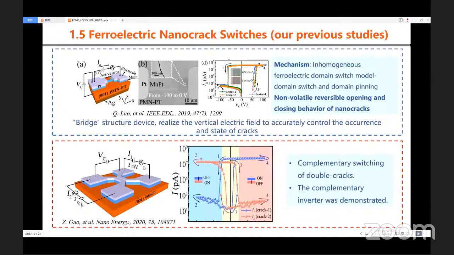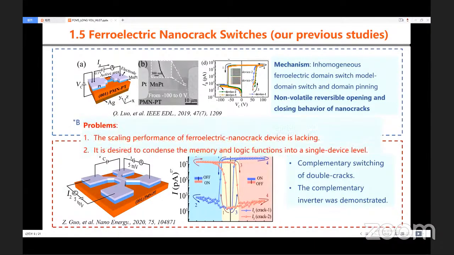In addition, we have found a complementary switching characteristic of double cracks. In this device, one crack is open, while the other one is always closed. This phenomenon resembles the complementary CMOS technology. Thus, we can construct complementary logic based on the nanocrack devices.